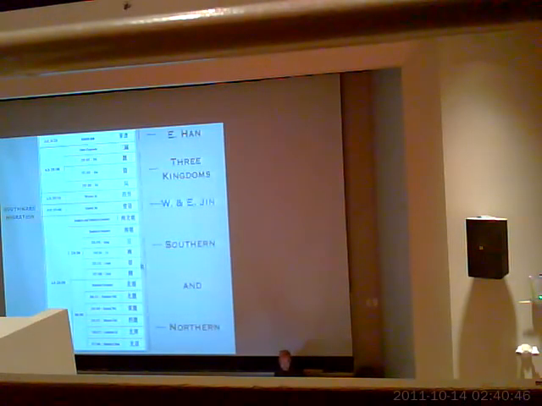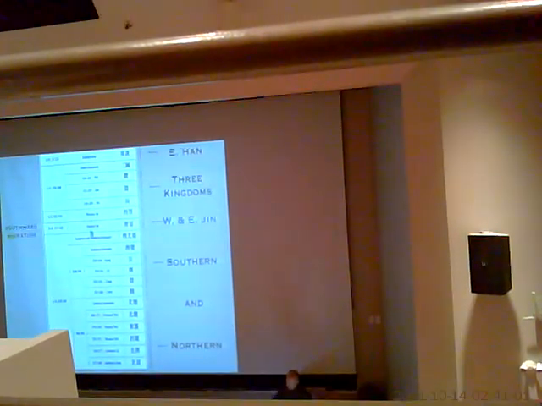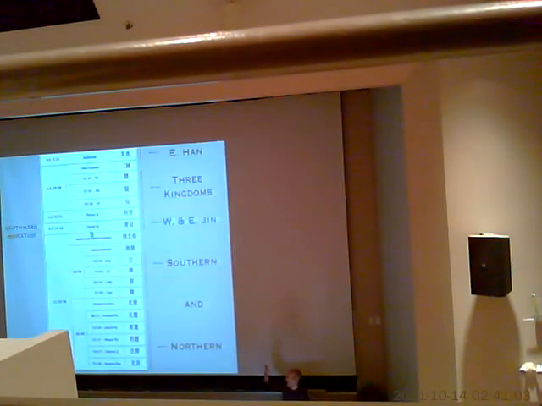There's a mass migration when the Chinese lose control of the north. Around 317 onward, there's a migration towards the south of the Yangtze River, a region that used to be Wu and Shu, the three kingdoms there. So the Wei kingdom is now completely in non-Chinese hands, and the Chinese ruling elites are on to the south.